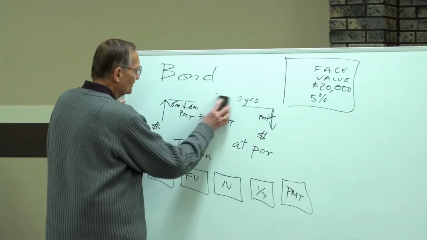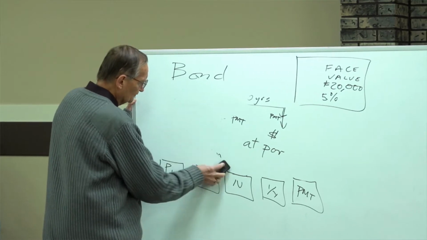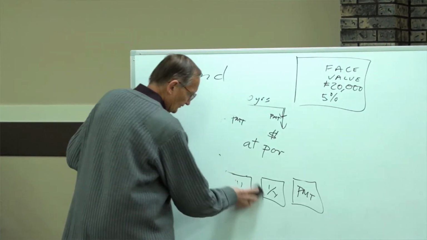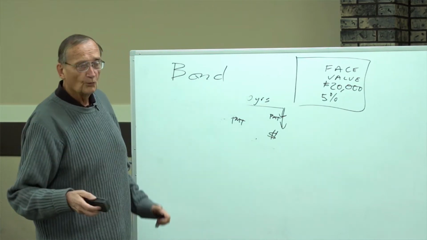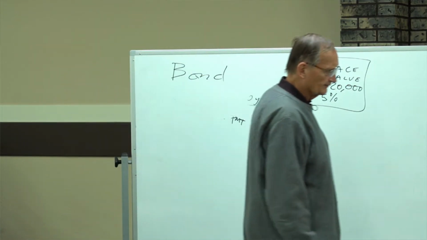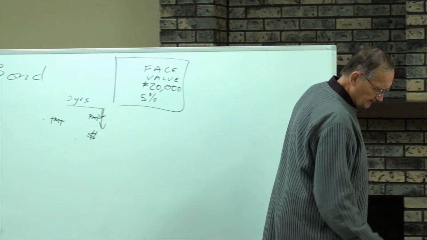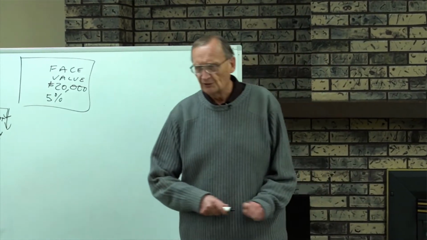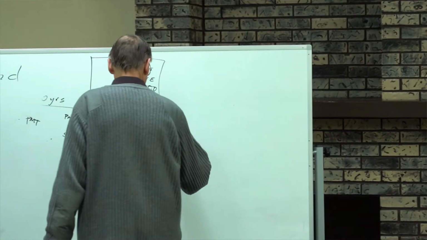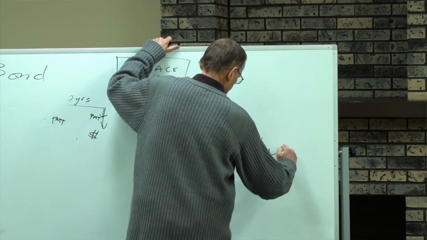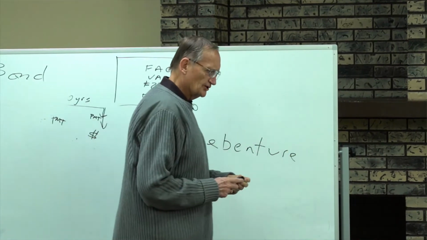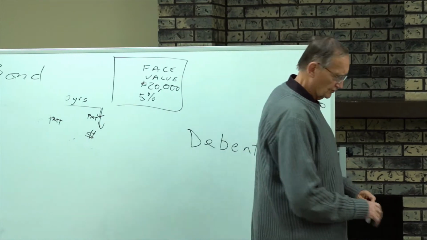Now, bonds come in all kinds of different types and with all kinds of different features. But what we'll try doing is talking about what are the major features that we have. Well, the first one that we can talk about is called a debenture, and I'll spell that for you. A debenture, that means an unsecured bond.